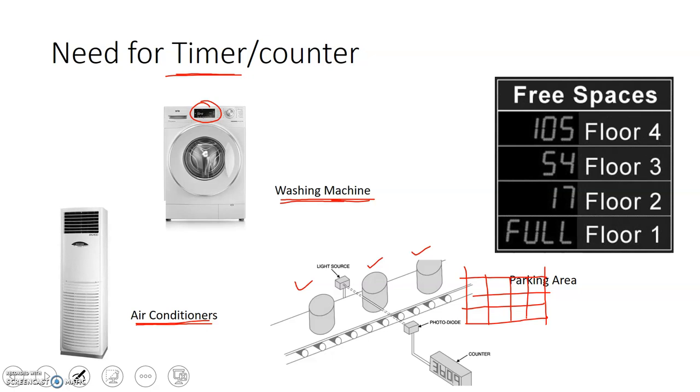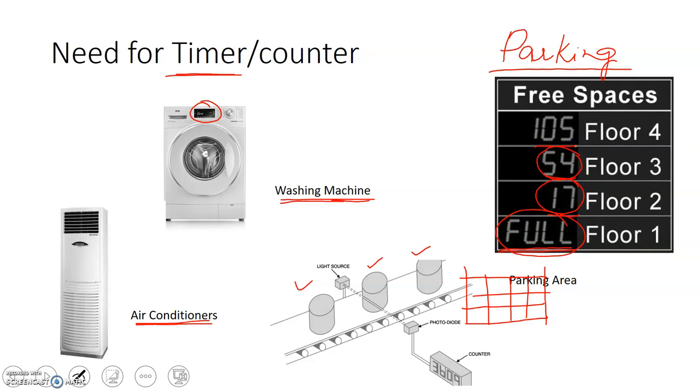Another example of a counter could be in a parking space, which you normally find in airports or railway stations. So there is a counter. This is a multi-floor parking space. I've shown it here. You can see that on the bottom floor there is no parking space, while on the second, third, and fourth, although they are filled, space is left.